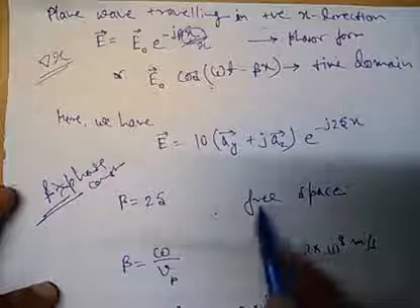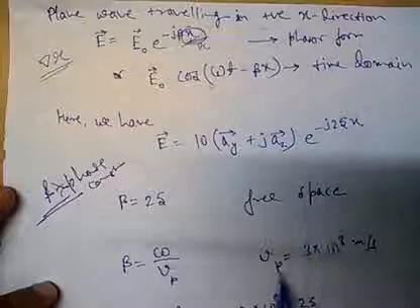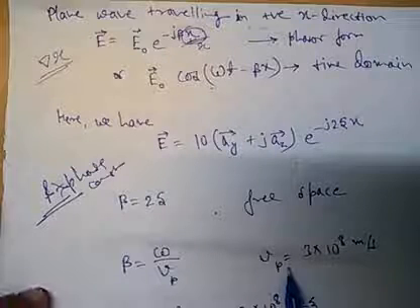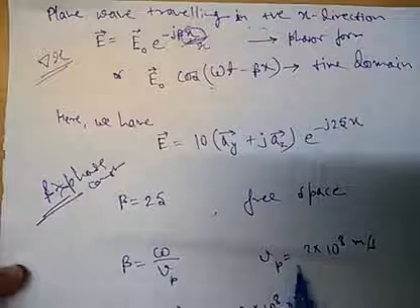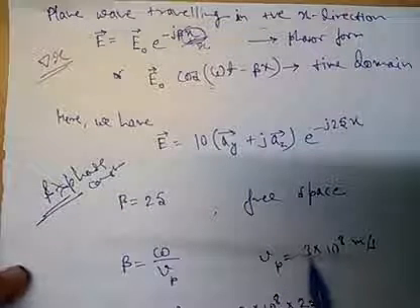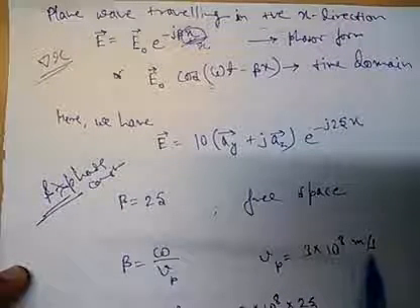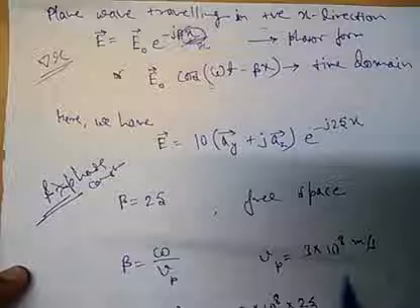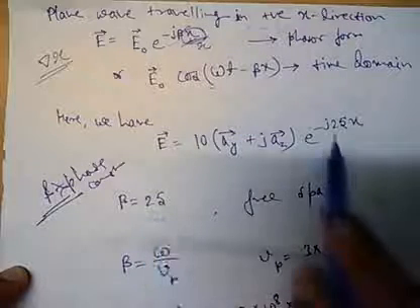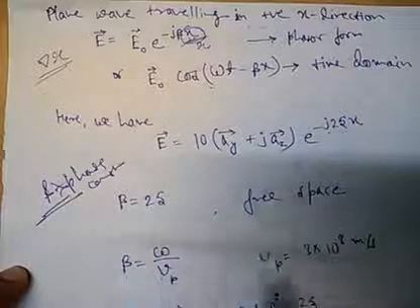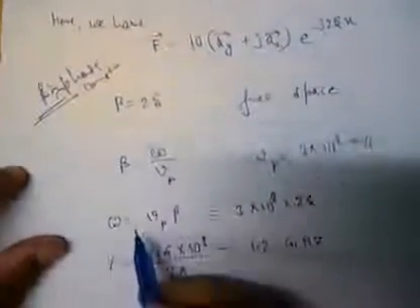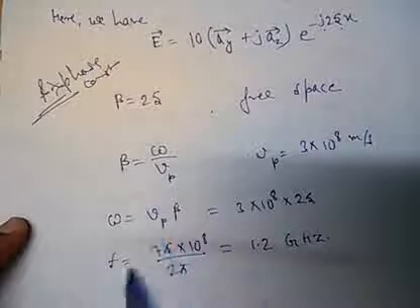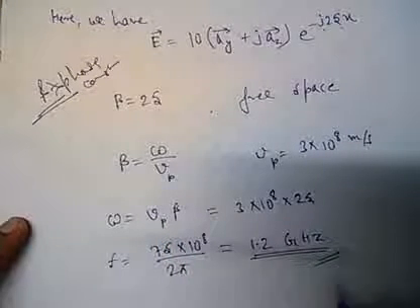Here the medium is free space, so the velocity of the wave will be similar to light, because EM wave has the property of light, so it travels with the same speed, and the speed of light is 3 into 10 raised to 8 meters per second. So we put beta equals 25 and Vp equals 3 into 10 raised to 8. So we can easily find omega and frequency.